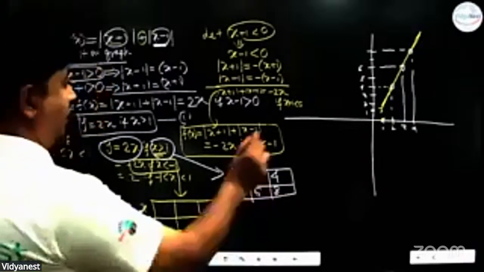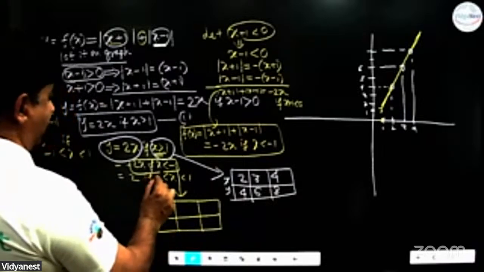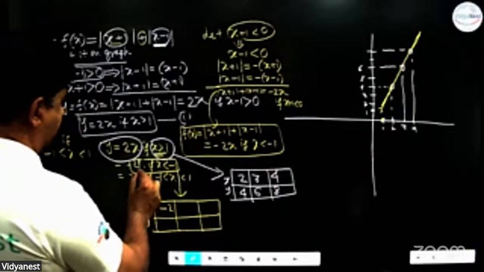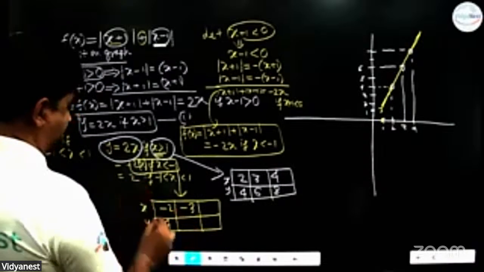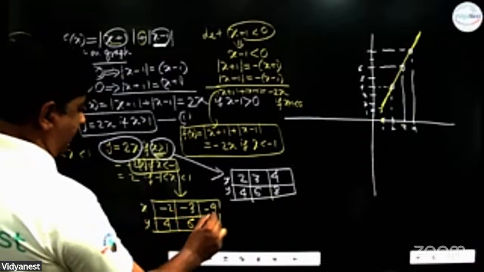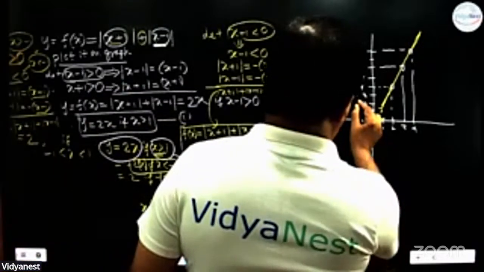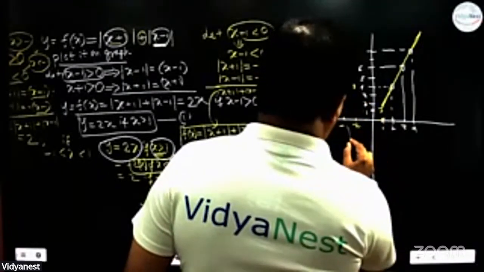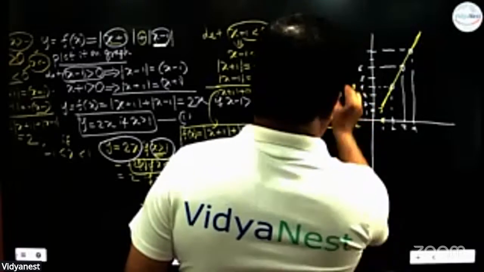So I am choosing less than minus 1, say minus 2, put here plus 4. Minus 3, plus 6. Minus 4, 8.